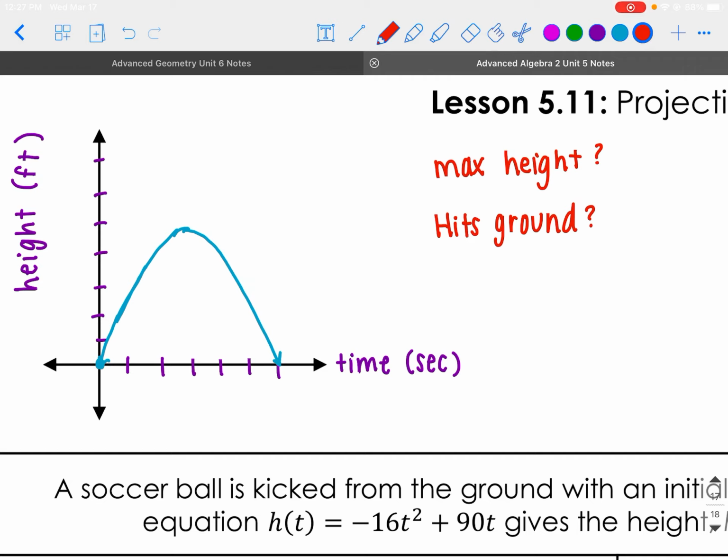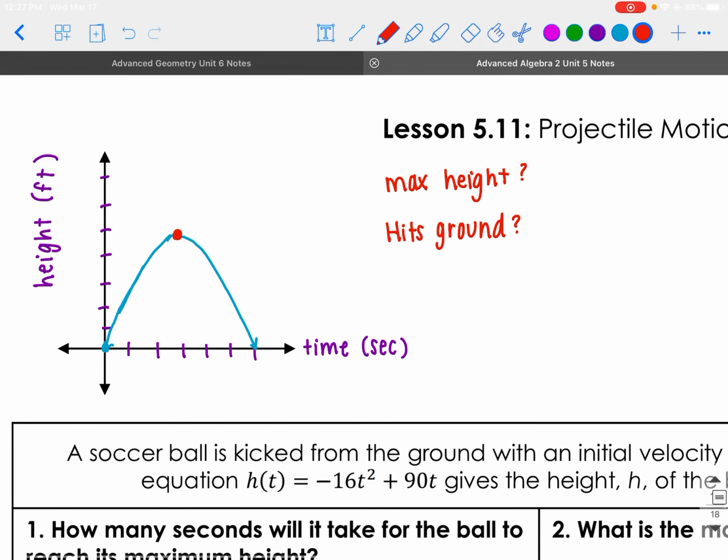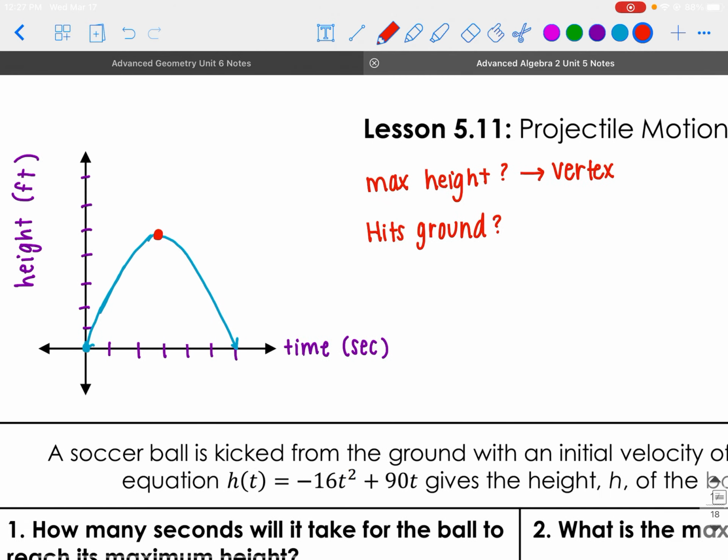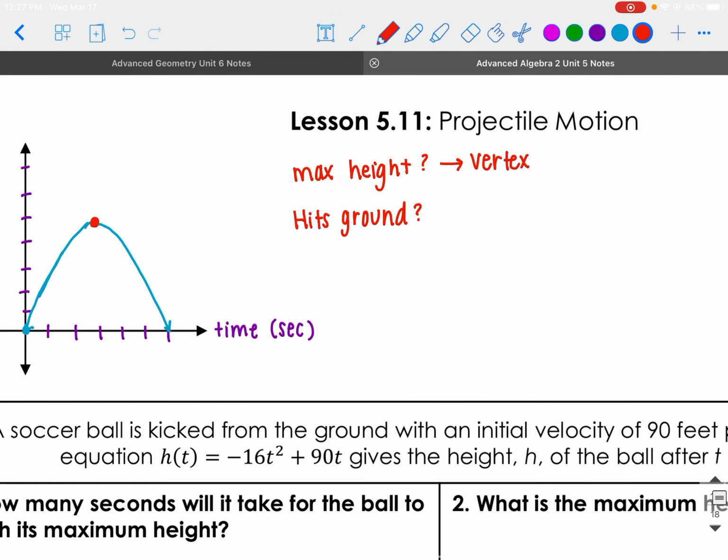The maximum height, that is the highest y value, which is going to be your vertex. In your vertex, you have an x and a y. Your x is the number of seconds that it takes to get to that height.